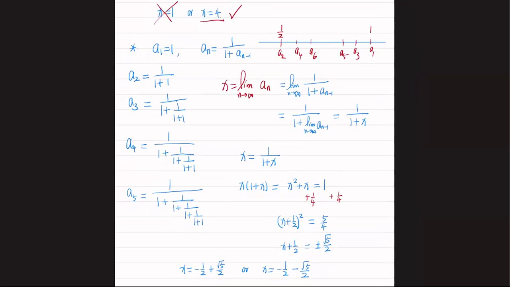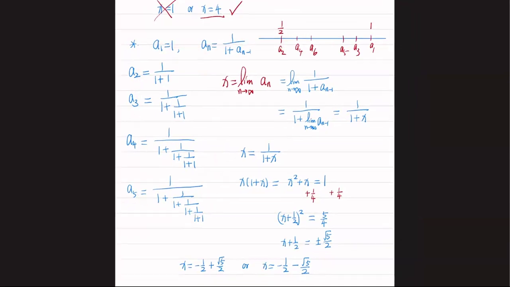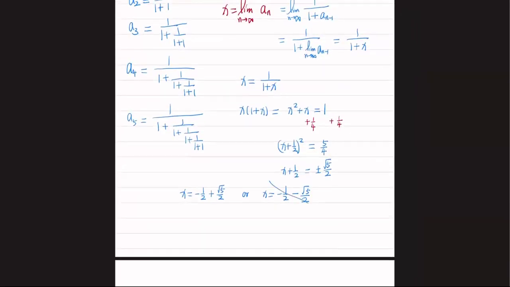Nice. So all of our numbers are positive. More precisely, it's between 1/2 and 1. This one is negative, it's not in our range. So that's our choice. We remove this one, pick this one, and we simplify it a little bit.